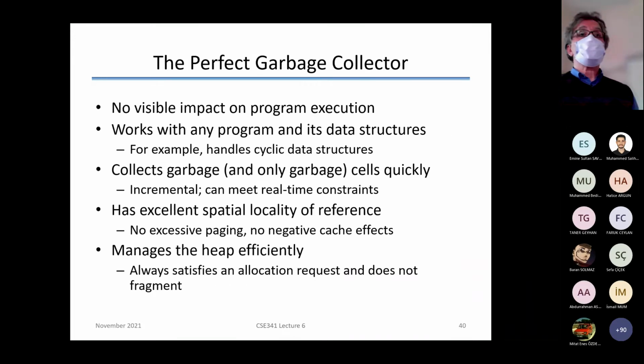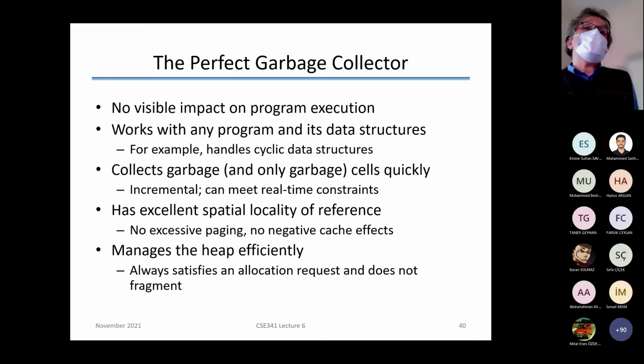A perfect garbage collection should not be visible, in terms of impact, to a program execution. The program execution should not be impacted at all by your garbage collection. If you have it or if you don't have it, it should be seamless, meaning it should not cost you anything. But this is not going to be the case. It will always cost something. So this is the perfect case.